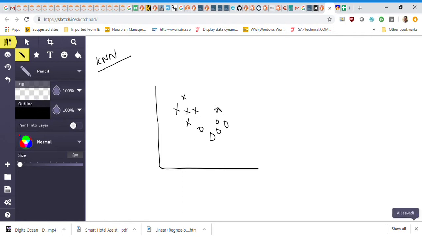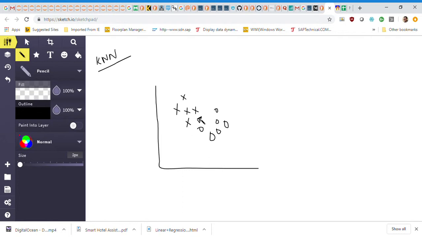Okay, so these are the data points or the features in the set. Suppose a new set comes here. Okay, so let me draw a different type of mark. Okay, so this is an unknown feature that comes here.